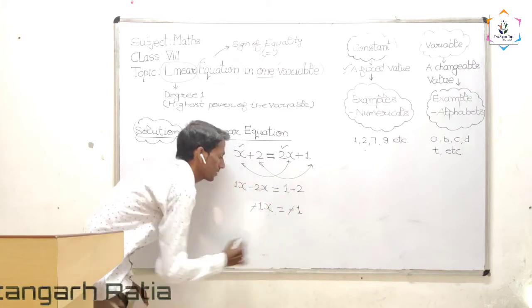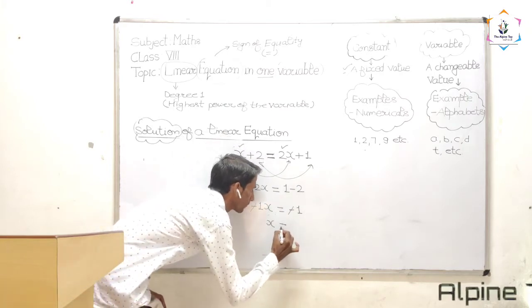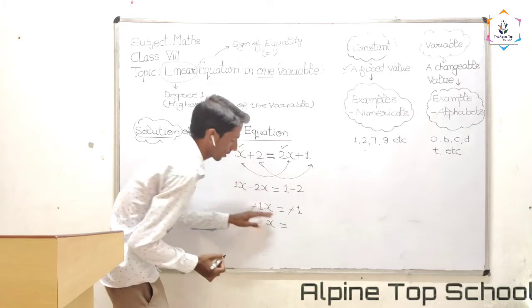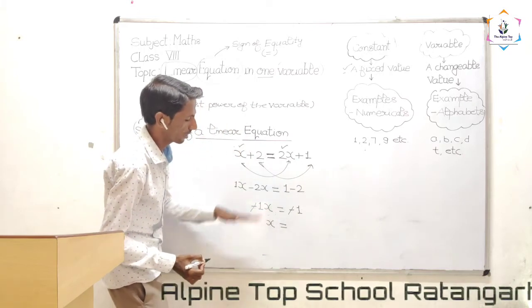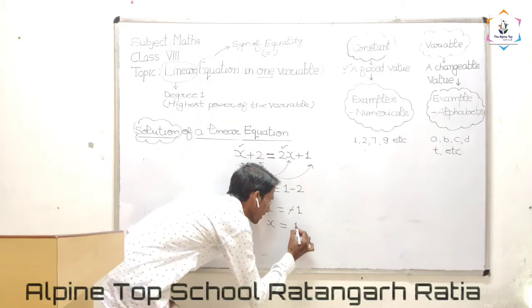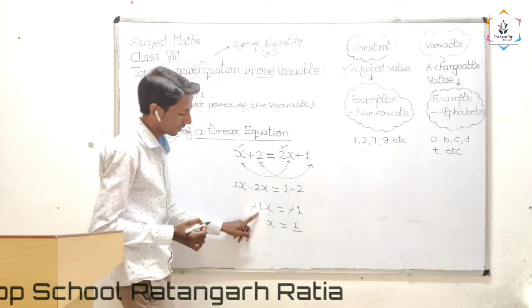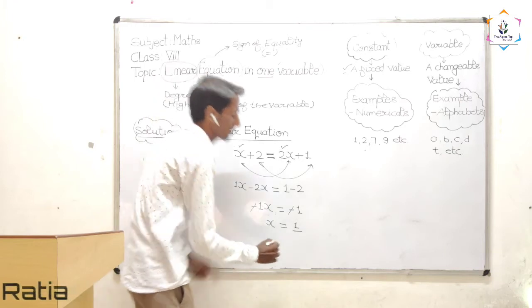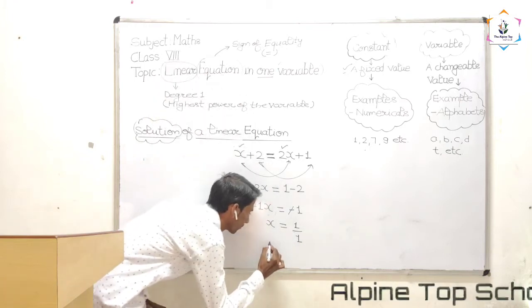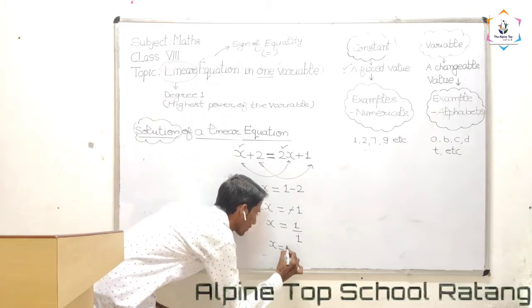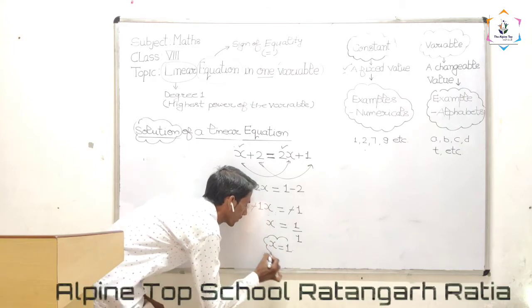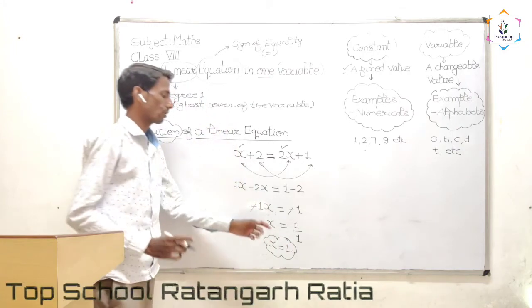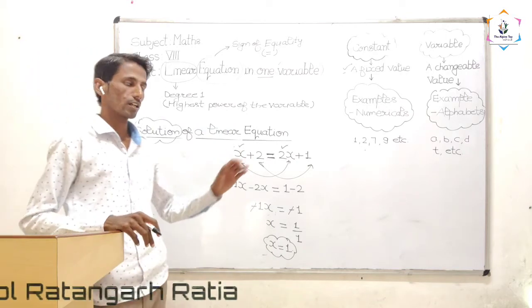Cancel minus with minus. Now what is the solution? It means now you have to use the transposition method again. On the right hand side 1 is left, and here 1 is in the form of multiplication with x. When you transfer this 1 to the right hand side, it goes in the division form. Now what is the final calculation? x is equal to 1. This is the solution of this particular linear equation.